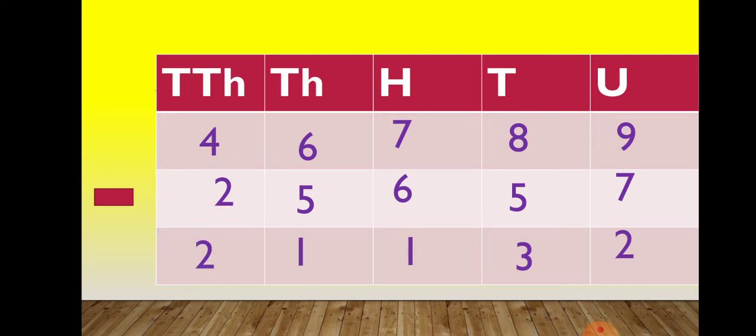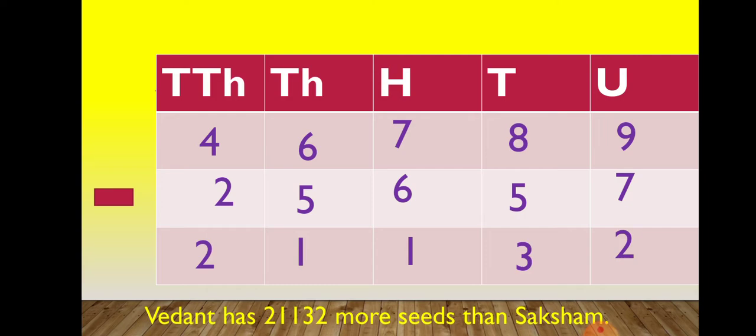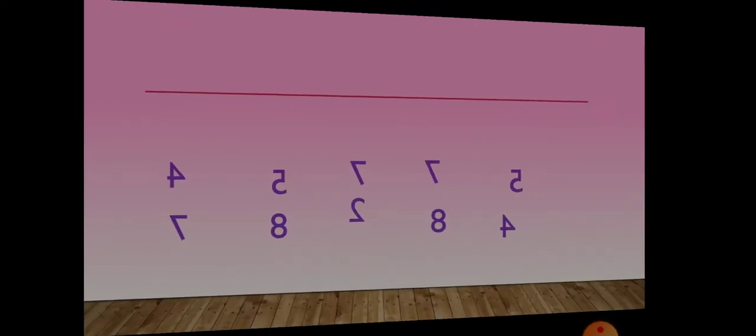How many remain? 20,000 and 1,000 is equal to 21,132. Vedant has 21,132 more seeds than Saksham. Did all of you understand? How many more seeds did Vedant collect than Saksham? 21,132.